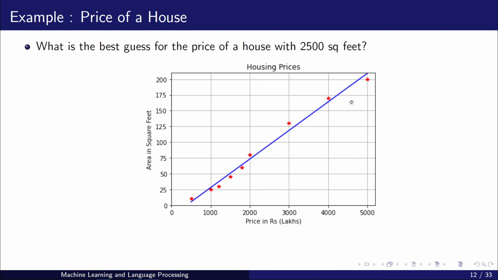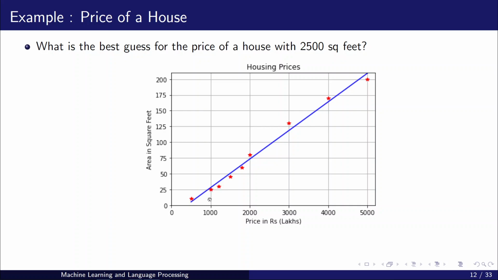This is the training process. So you have training data like this: a 500 square feet house is 10 lakhs, a 1,000 square feet house is 25 lakhs, a 2,000 square feet house is 80 lakhs, a 5,000 square feet house is 200 lakhs, and so on. With this data we can build this model.